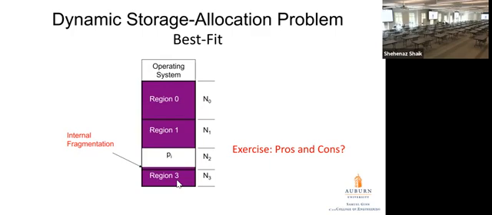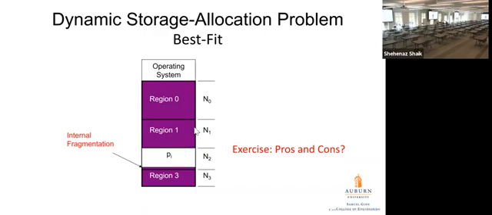One thing to note here is that since we are trying to find the hole or partition which best fits the arriving process, we really need to go through the entire list of free partitions or holes.